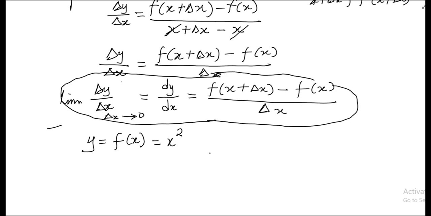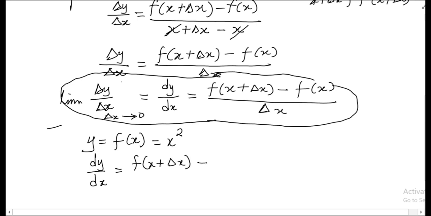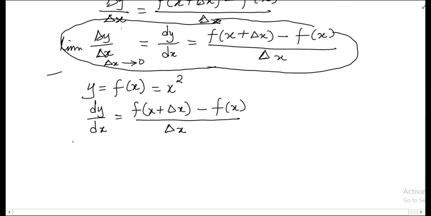Now we have our dy/dx, which takes the format of f(x + dx) minus f(x) all over dx. Alright, so what we are going to do is, we take y, you say f(x), which is equal to x squared.